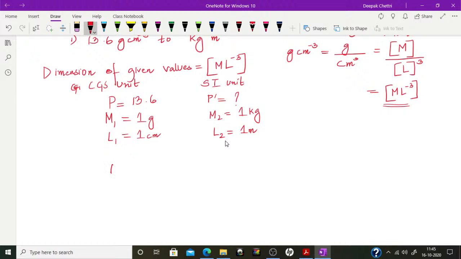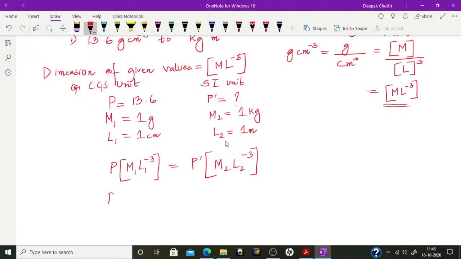So now, as I said, they will be equal even though we are converting to different units. So I can write P M1 L1 to the power minus 3 will be equal to P dash M2 L2 to the power minus 3, right?